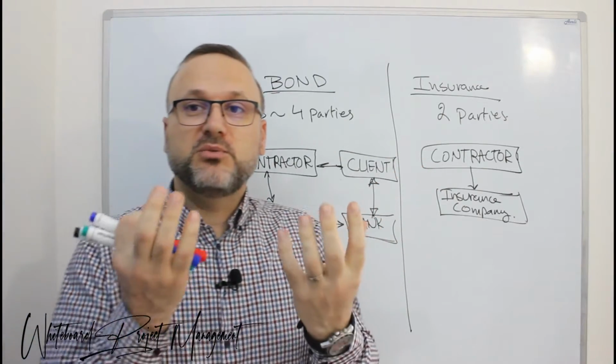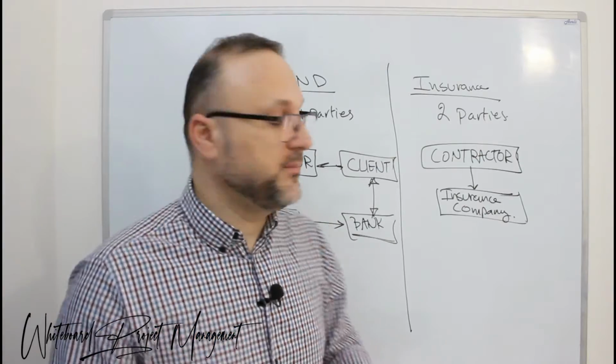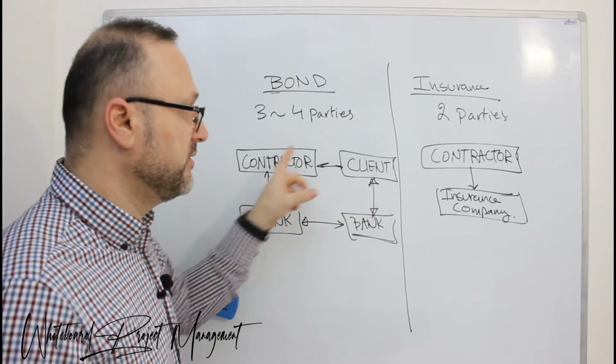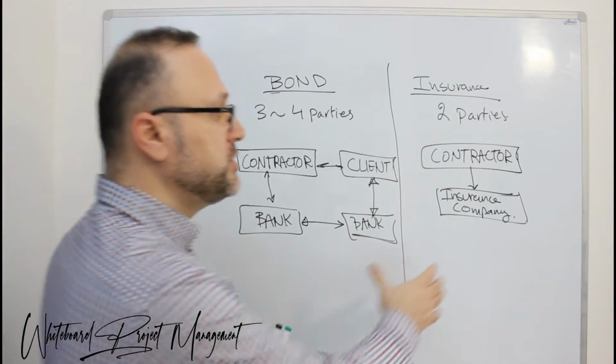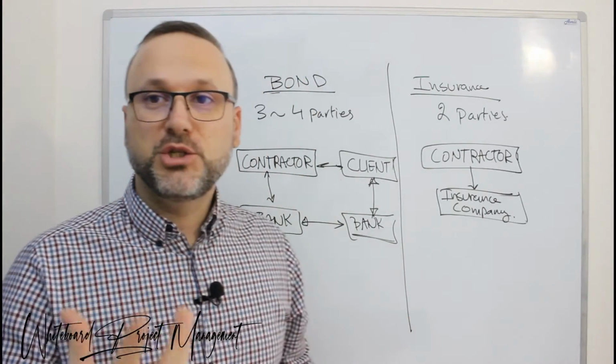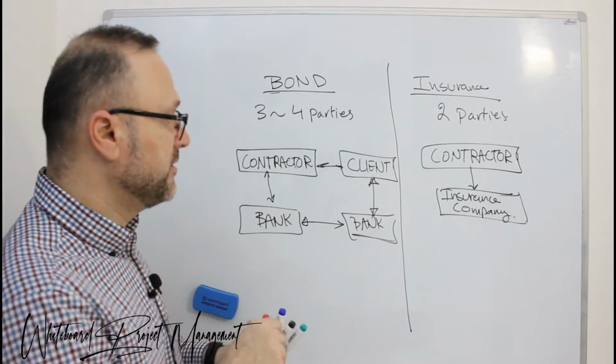It's a contract between only two entities, while here we have 3 to 4 entities. And the insurance company is an insurance company. It's not a bank. Here, this is a bank.